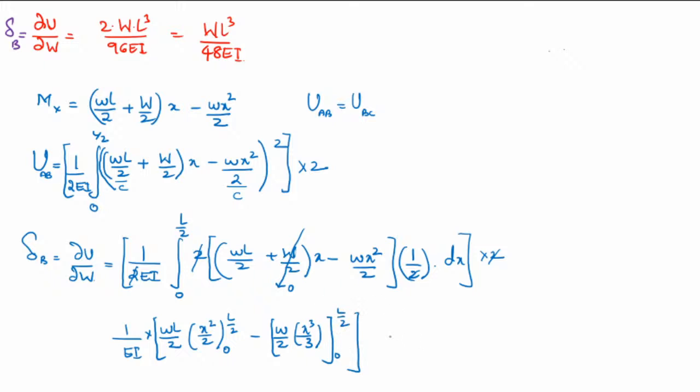So this is equal to 1 by EI times of, 2 square is 4, 4 twos are 8, 8 twos are 16. So this will be wL cube by 16.